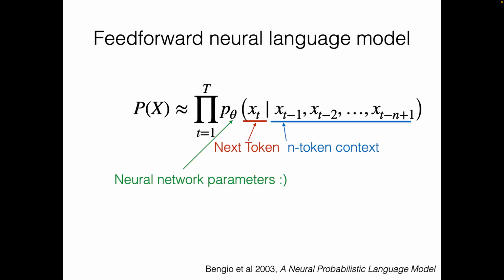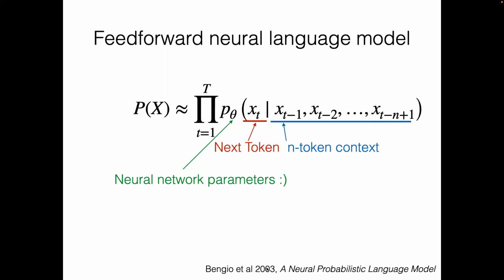Okay, so next I'm going to start talking about the neural language models. The key difference is that in this lecture, we're still going to just talk about these Ngram models. So we're still making this assumption that we're only looking at n-1 tokens. But now we're going to parameterize the model using a neural network.